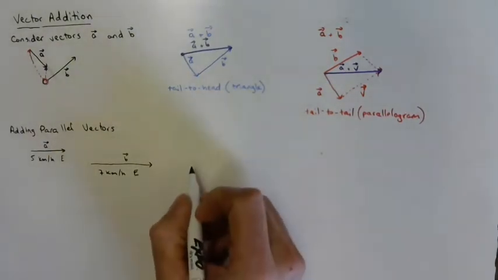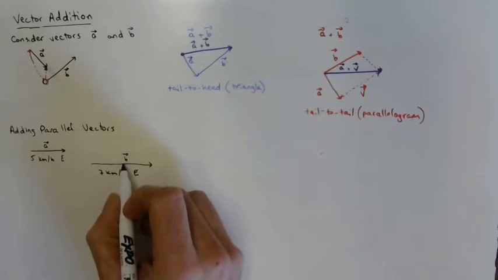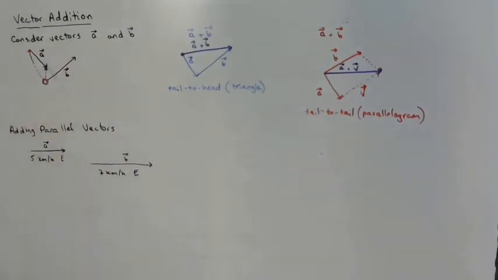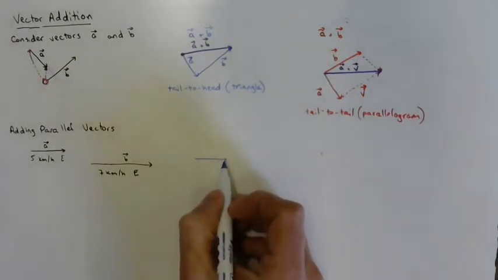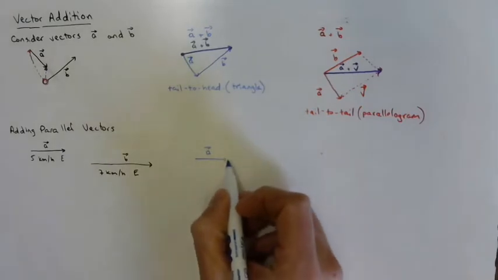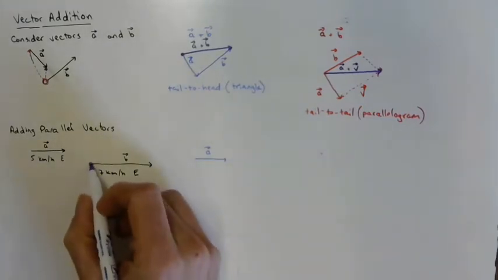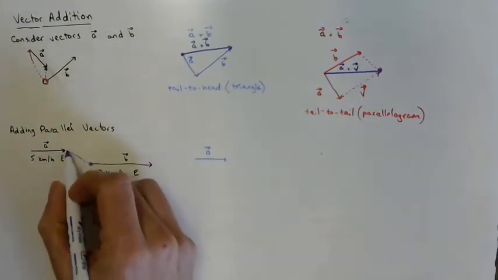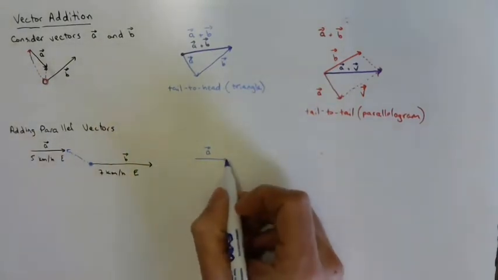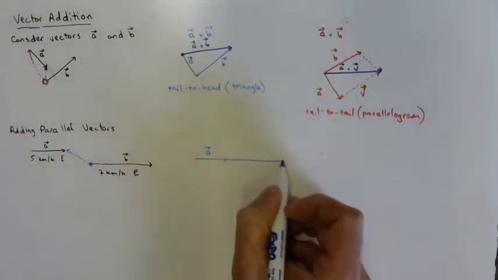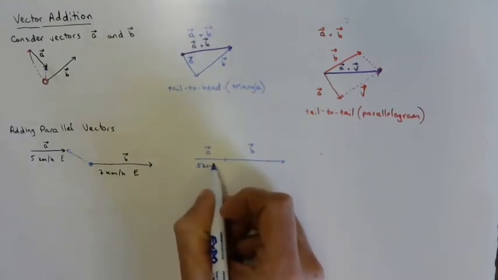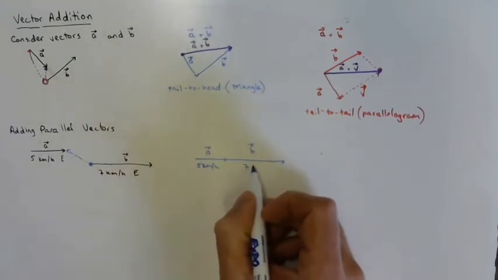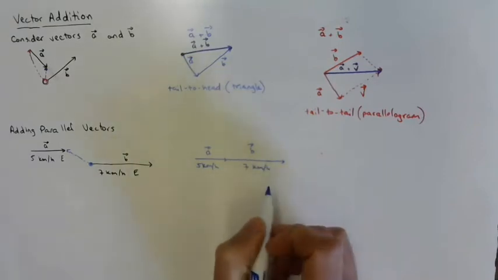We take the tail of B and translate it onto the head of A. Here's my copy of A, and we take the tail of B and put it on the head of A, which brings B right here. They're both heading the same direction, 5 kilometers per hour and 7 kilometers per hour.